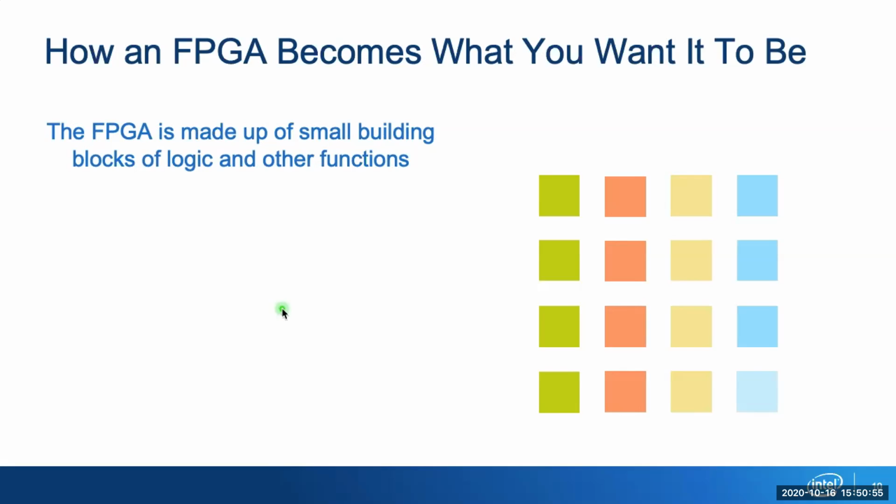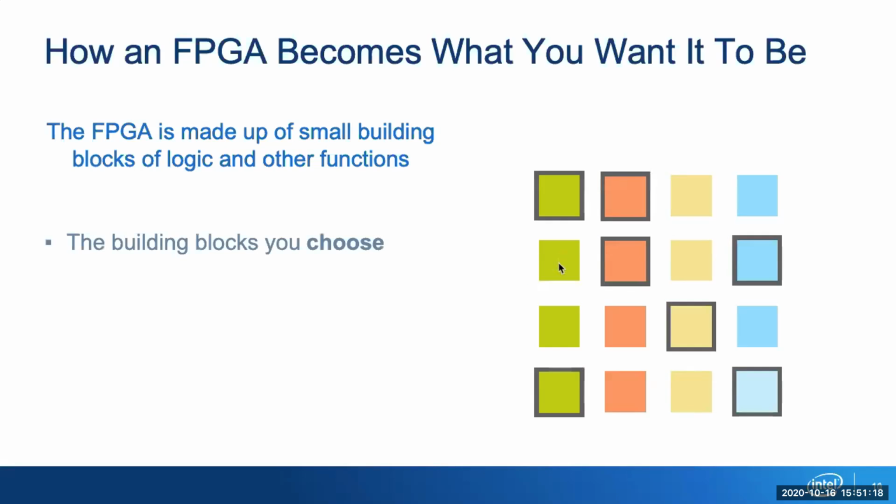The first kind of blocks we have on FPGAs are small building blocks of logic. Names vary by manufacturer: logic block, logic element, configurable logic block, adaptive logic module, etc. are some of them.